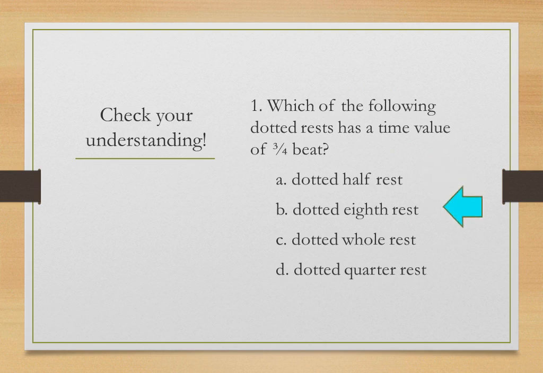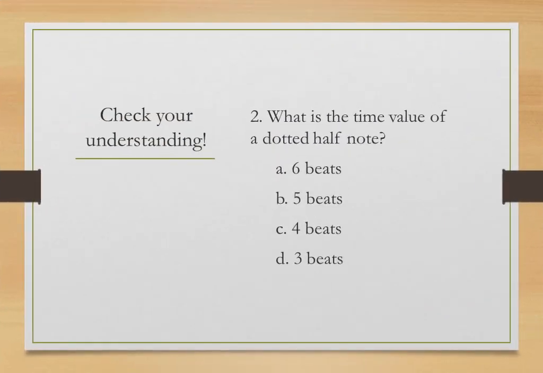Letter B. Question number 2. What is the time value of a dotted half note? A. 6 bits. B. 5 bits. C. 4 bits. Or D. 3 bits. The time value of a dotted half note is 3 bits. Letter D.